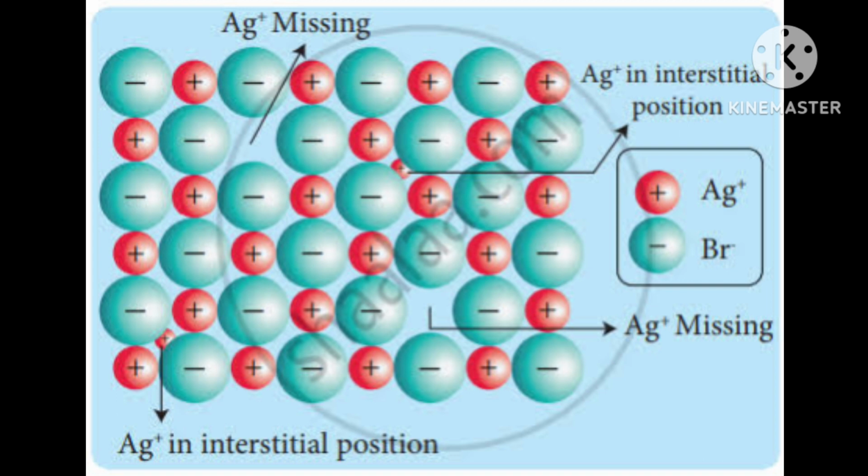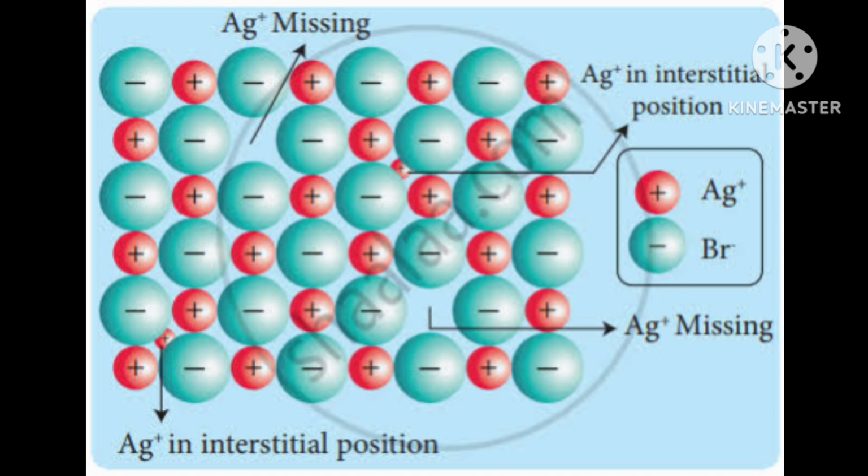Here I am telling you examples: NaCl, sodium chloride. Second example is potassium chloride, KCl. Third example, CsCl, cesium chloride, just like NaCl, and sodium bromide.